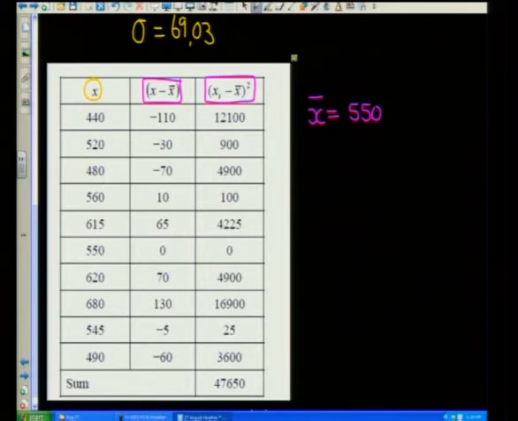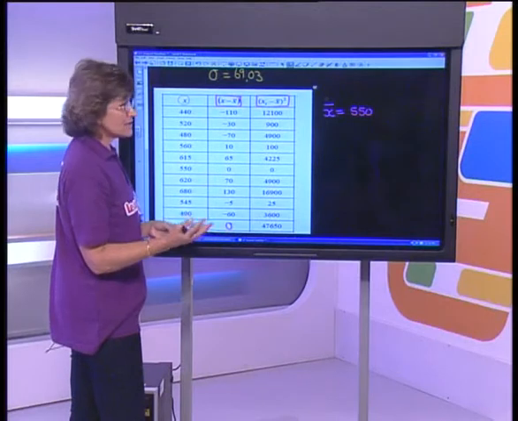Now remember that each of these values is the difference between the score and the mean. Some of them are positive, some of them are negative. And if you add all of those up, they will definitely come to 0 because they balance around the mean. Now, some being positive and some being negative is an issue.